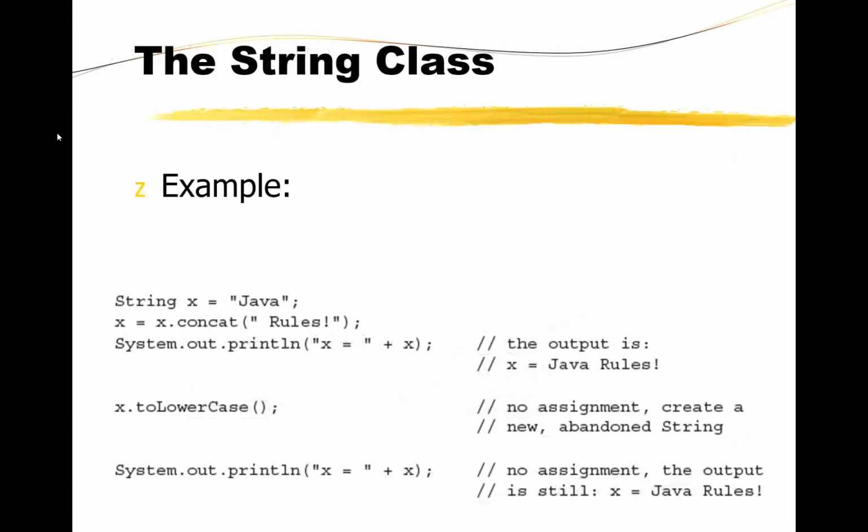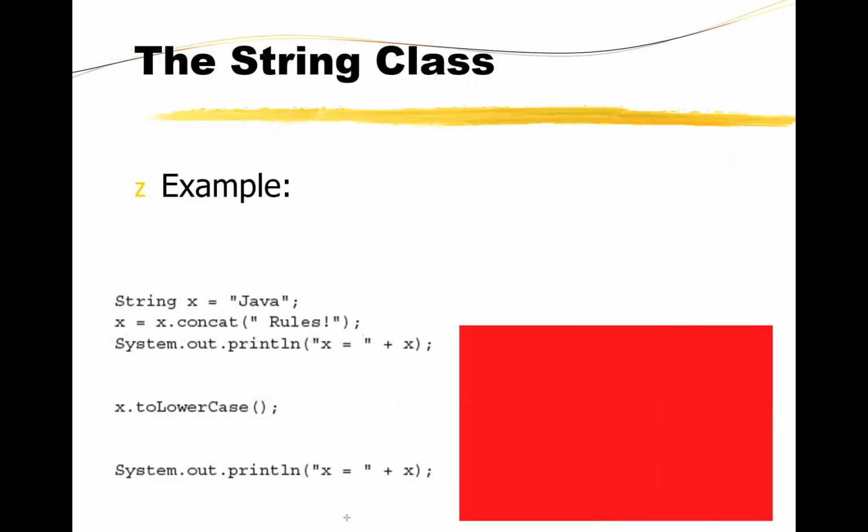Now let's see this one. What would be the output? Is it Java rules in lowercase letters, or a capital J, simple ava, capital R, ules?